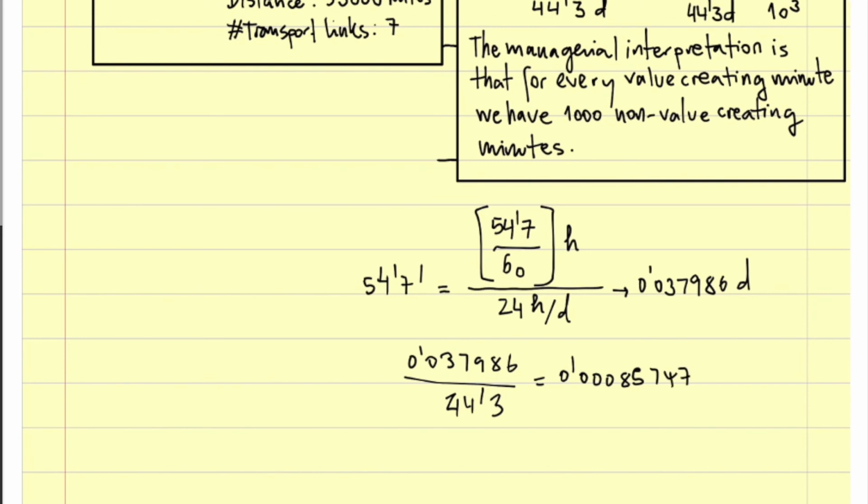So basically what we have is almost 1 divided by 1000, which is 0.001. Does it make sense?